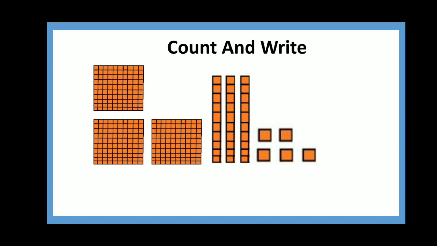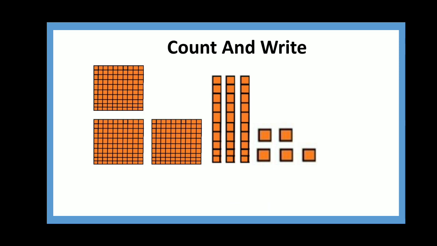Now, as you already learned about count and write, here is one example. As you can see, 30 groups of tens are given, which is equal to 300, and then 3 groups of tens are given, that is equal to 3 tens, and 1, 2, 3, 4, 5 ones are shown.